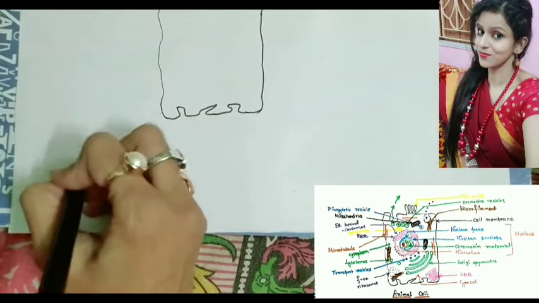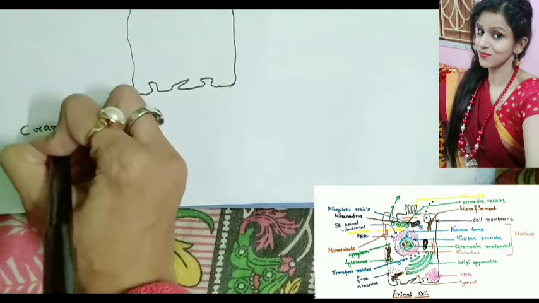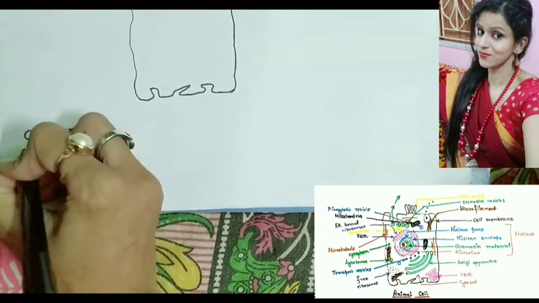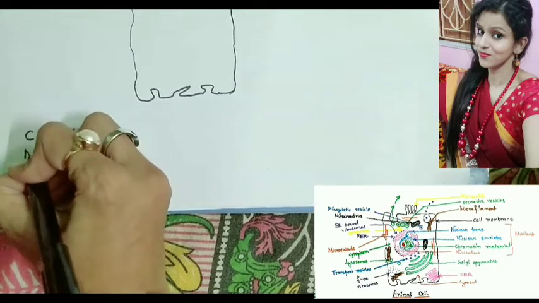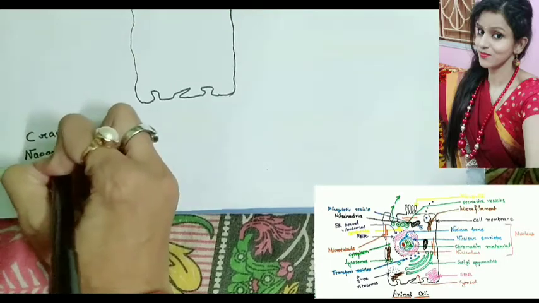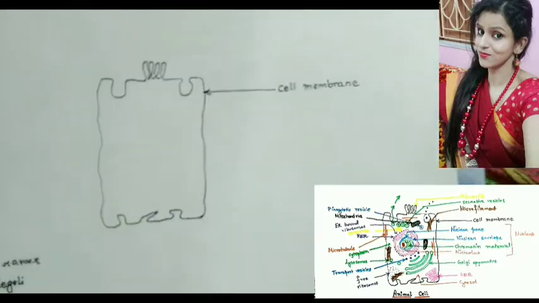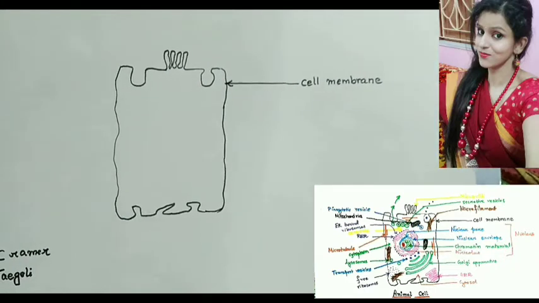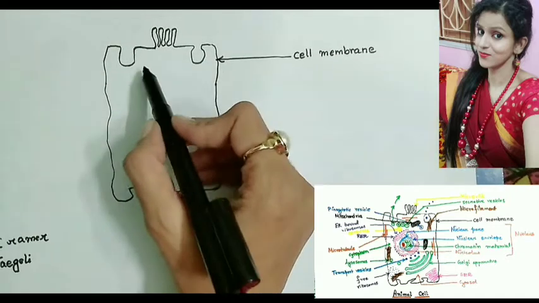So with that C word, the name of the scientist you already get, that is Kramer, and another name is Nageli, and this Nageli starts with the letter N, and just after M of membrane comes the letter N. In this way you can easily remember these two names, that is Kramer and Nageli.